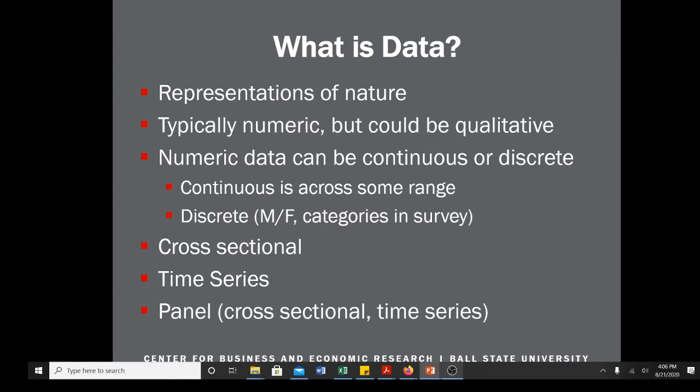Discrete variables are different. Discrete variables would describe characteristics. So are you white? Are you male? Are you married? Do you have a bachelor's degree? Those are discrete variables. They could be categories in a survey. They could be observed variables. And sometimes we work to make discrete variables continuous.